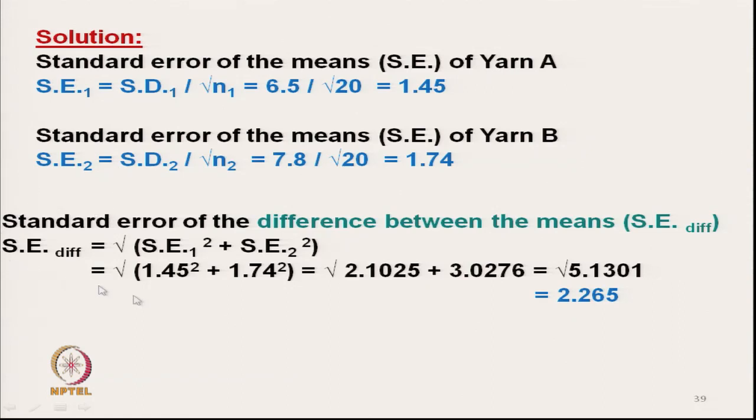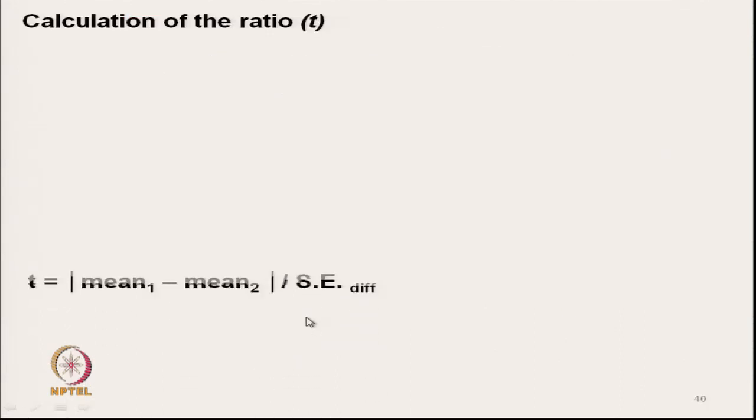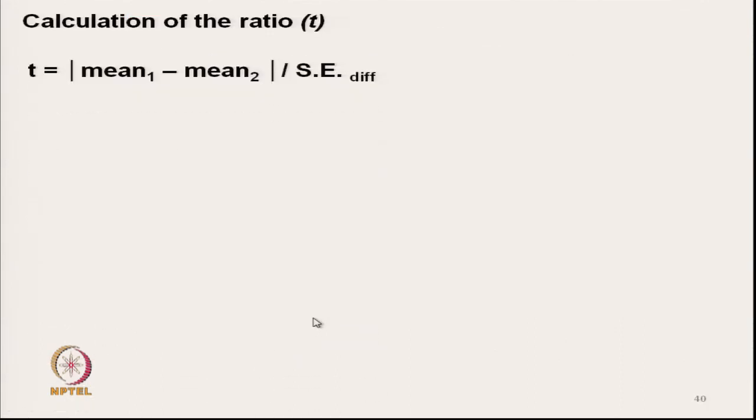SE difference has become 2.265, and this 2.265 is the standard error of difference, and then we will treat it in exactly the same way. The only difference is that in the earlier case we used the standard error, but here we are using the standard error of difference, because we have two individual means.